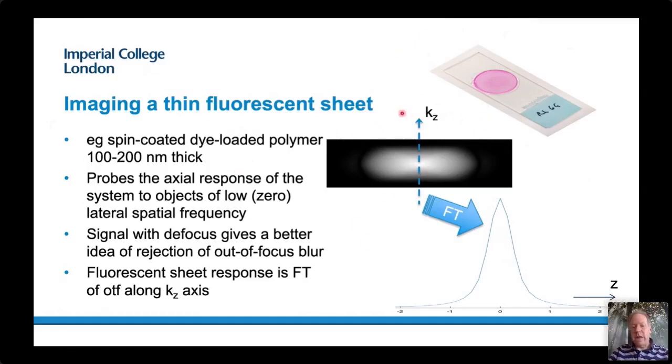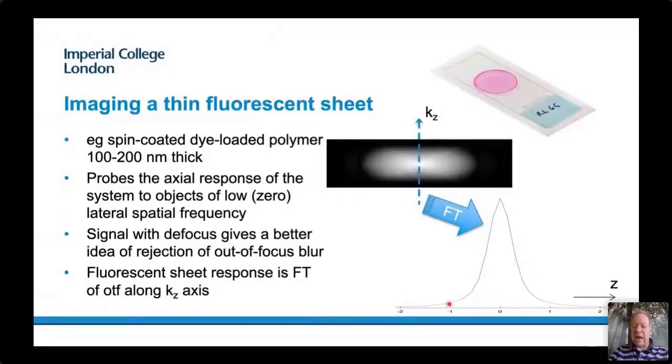So if you look at one of these, effectively as you refocus this, if you measure the signal level, you're probing the axial response. And that's related directly to what's happening along the KZ direction of our transfer function. So if we were to take the measurement of what's happening along KZ and Fourier transform it, we'd effectively get our axial response.